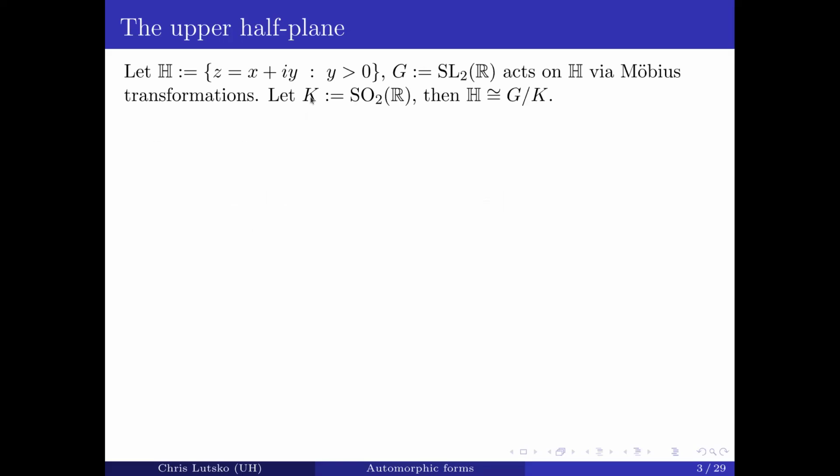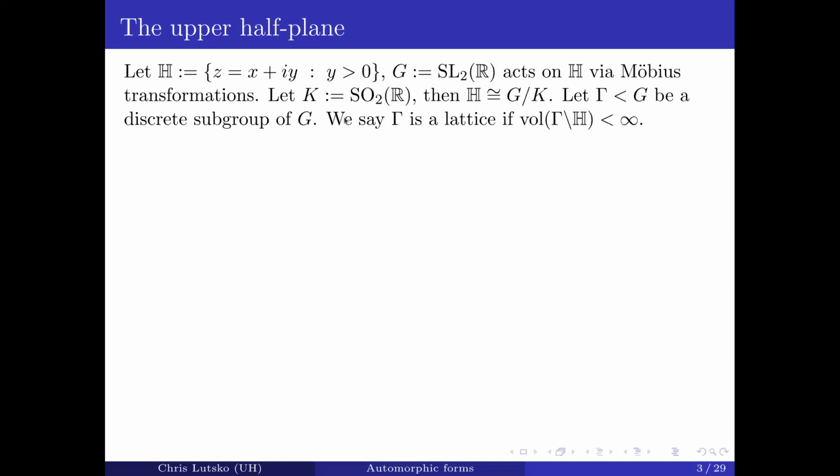K will always be the maximal compact subgroup of G, and then we think of H as just G mod K. Let's fix a discrete subgroup, gamma, living in G. And we say gamma is a lattice if the hyperbolic volume of the quotient is bounded, and it's a non-lattice if that's not the case.